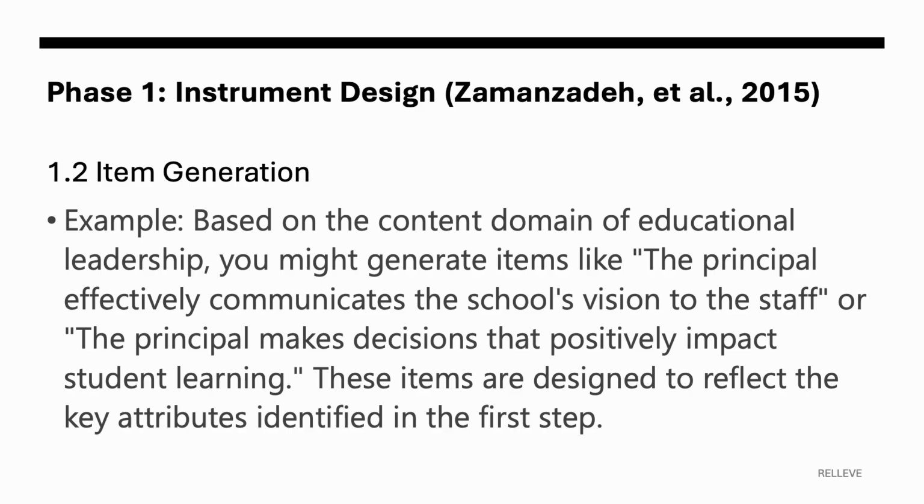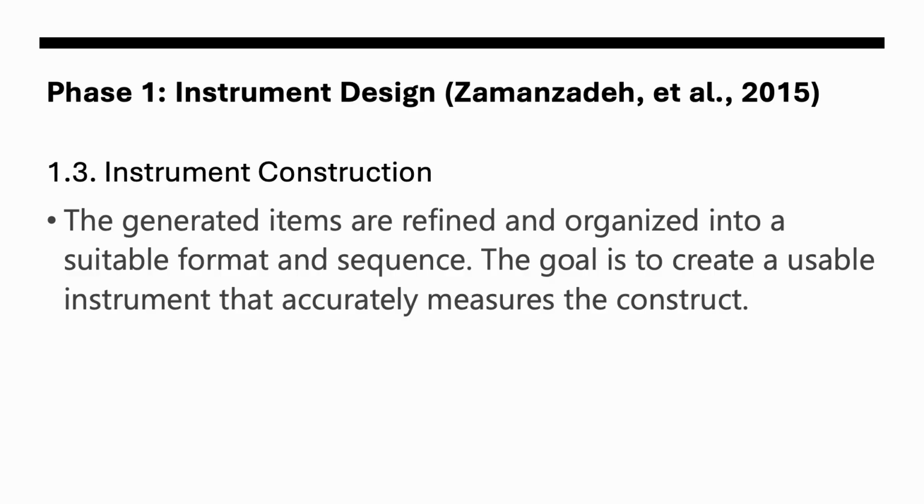Example, in the context of educational leadership, you might create items such as the principal effectively communicates the school's vision to the staff, or the principal makes decisions that positively impact student learning. These items are intended to reflect the key attributes identified in the initial step.